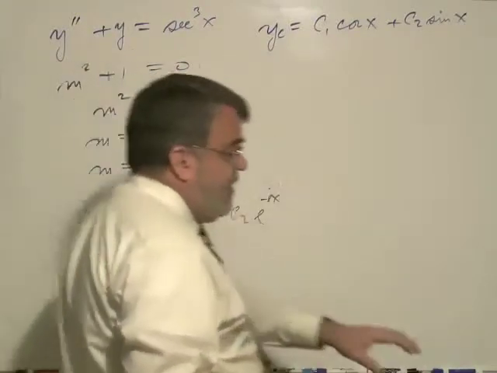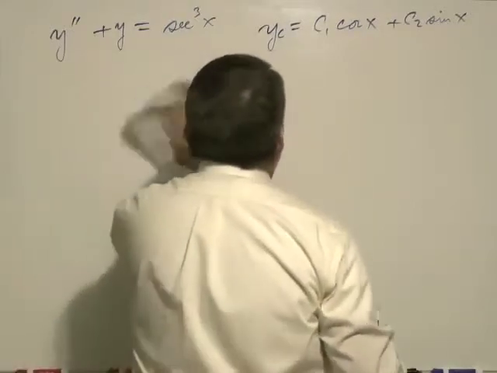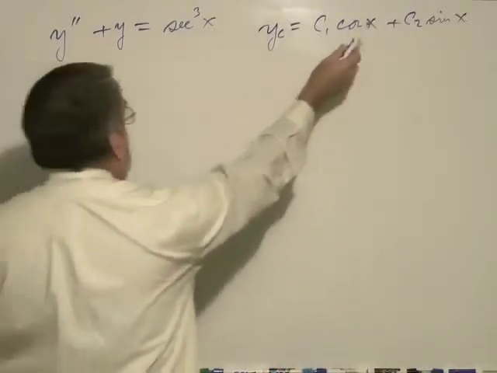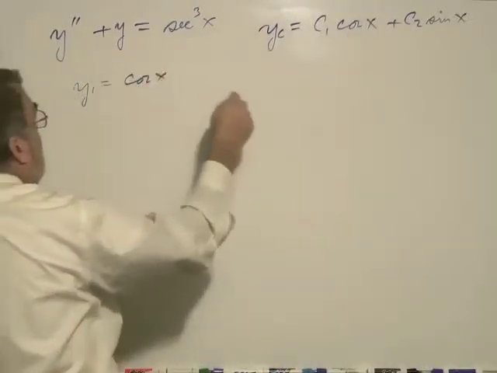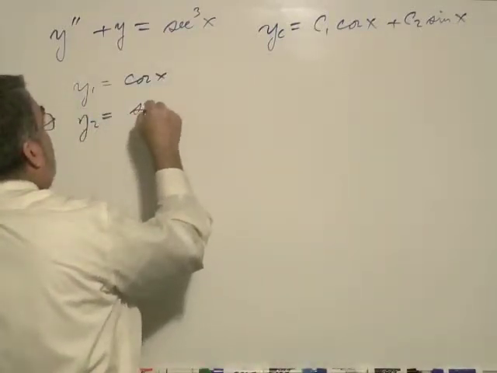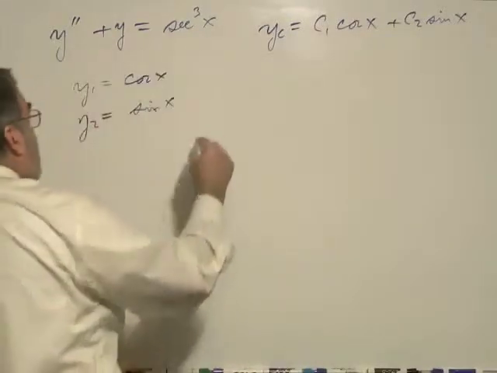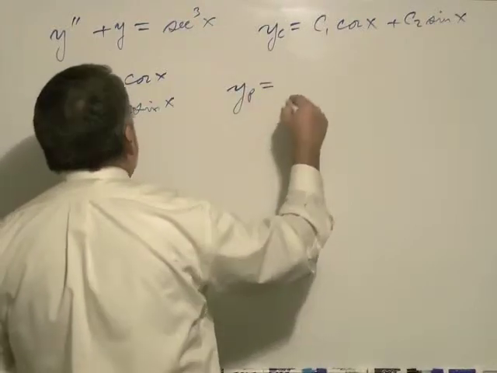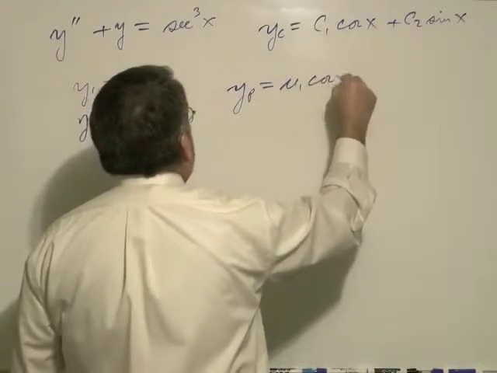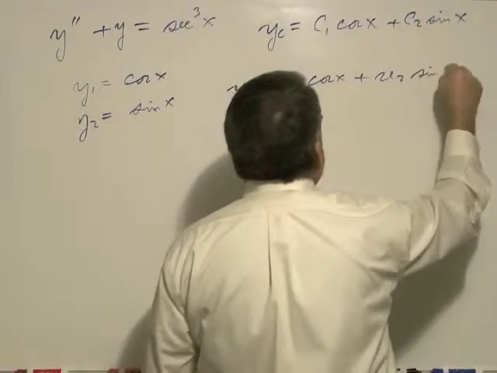And let me erase all this stuff. Now then, we're going to let y1 be cosine of x and y2 be sine of x. And then our particular solution, y particular, is going to be u1 times cosine x plus u2 times sine x.